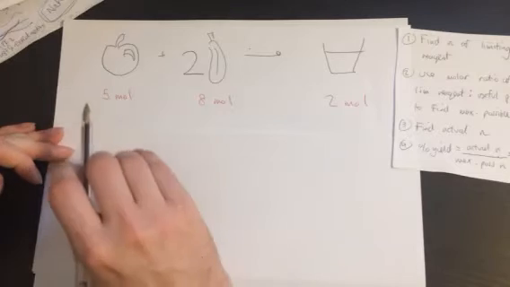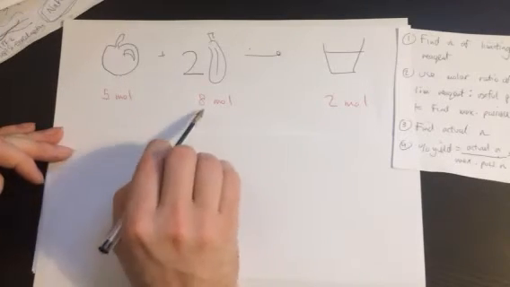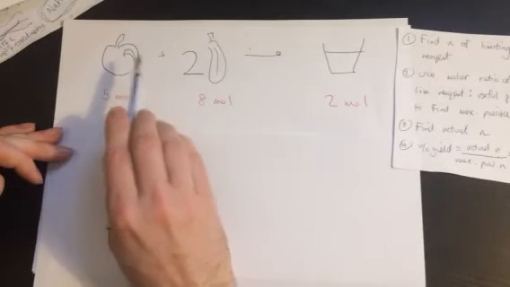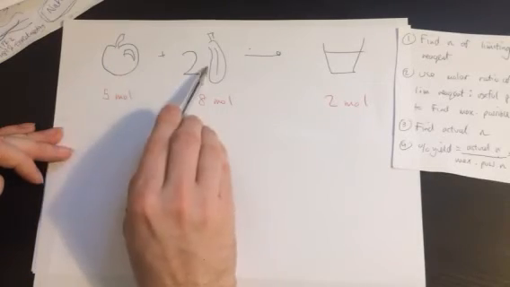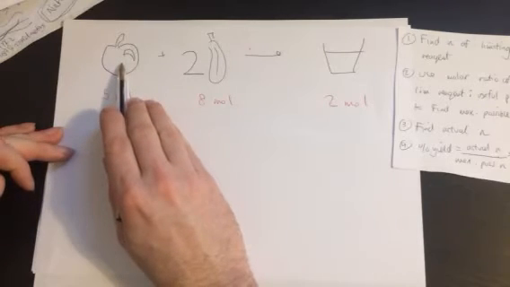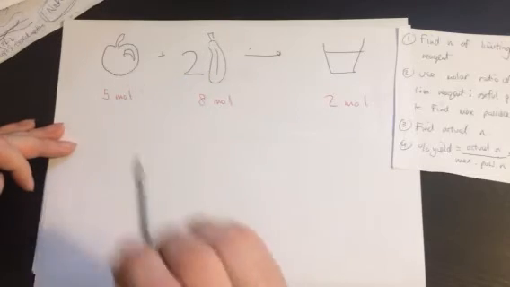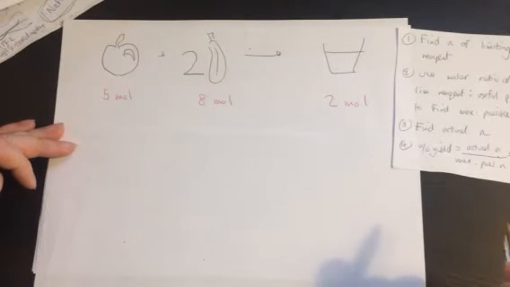Now you might be tempted to say, well, the apple's still the limiting reagent because look, there's less moles of apple. But remember, these molar ratios tell you how quickly they're getting used up. For every 1 apple that's used up, 2 bananas are. And so your bananas are getting used up twice as quickly as your apples. You need to cut up twice as many bananas.